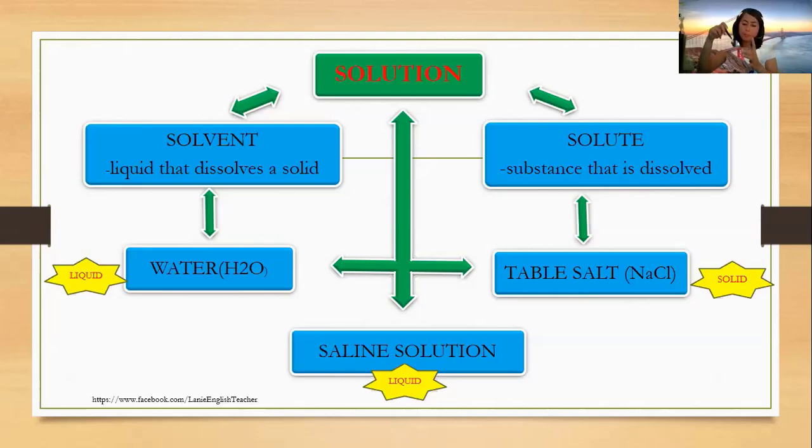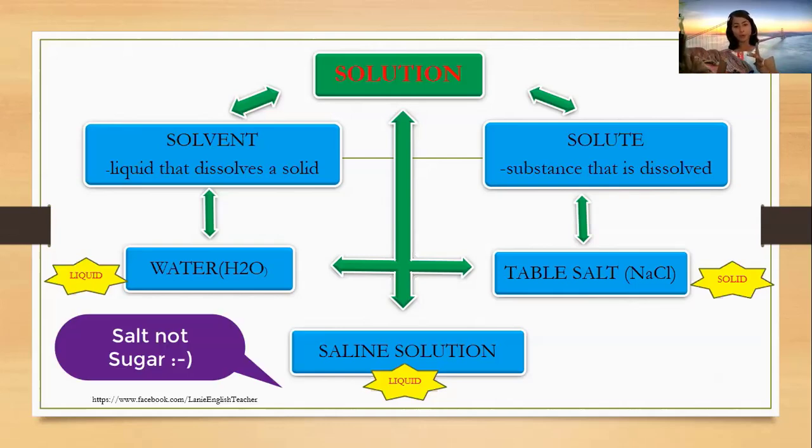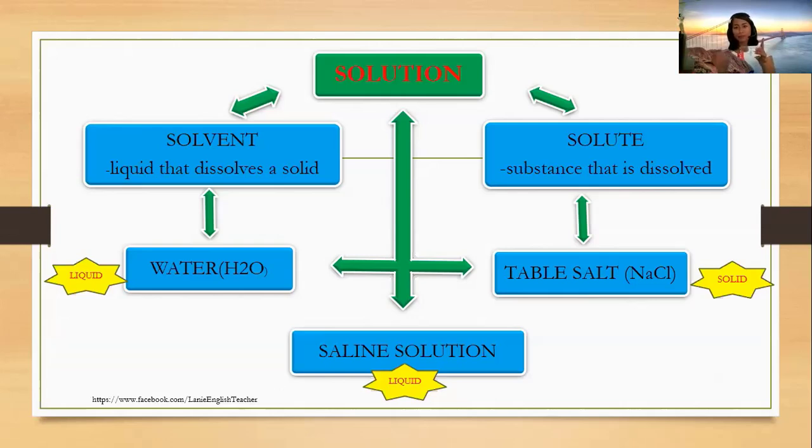Now, as you can see, after mixing water and salt, you can only see water. You can only see one part, which is water, and you cannot see any more salt in it. So this is a form of liquid solution.